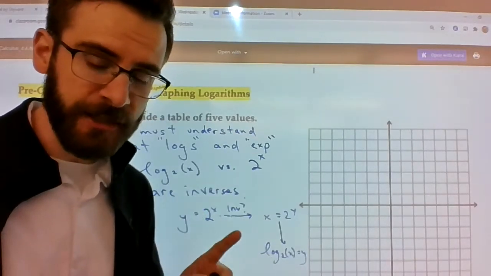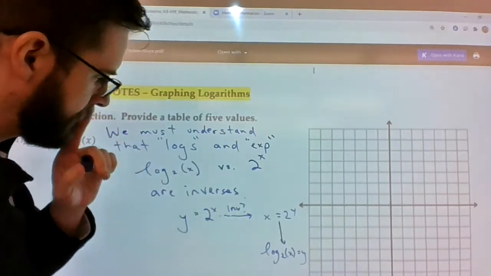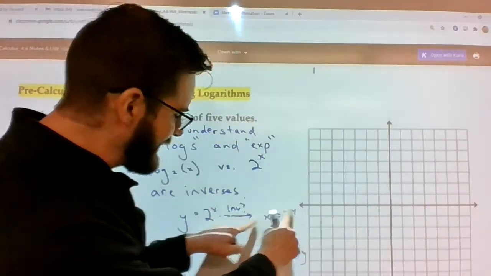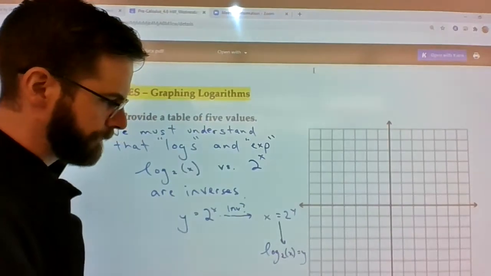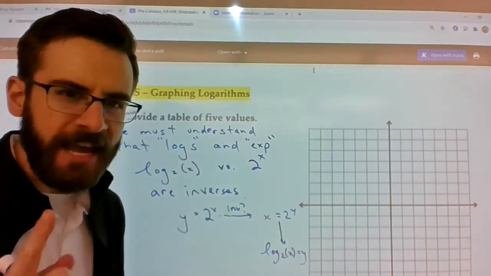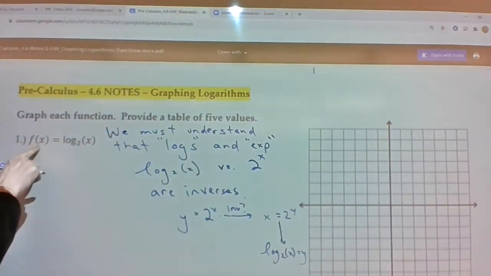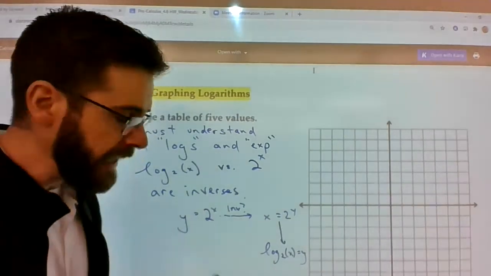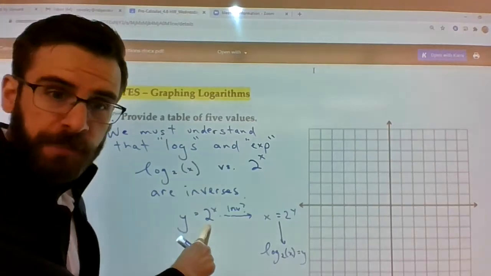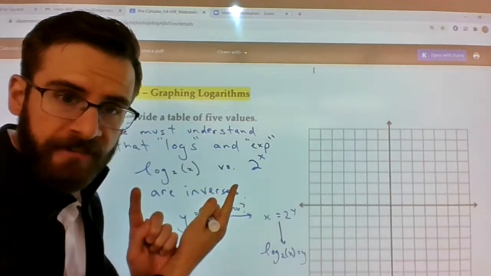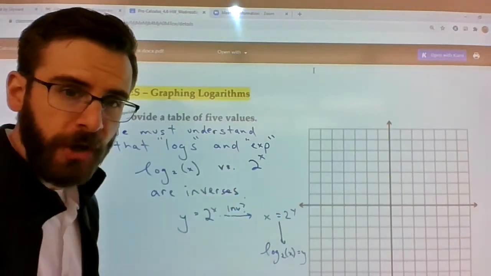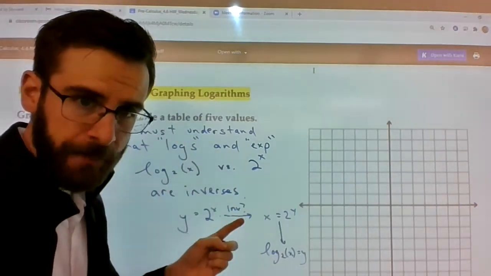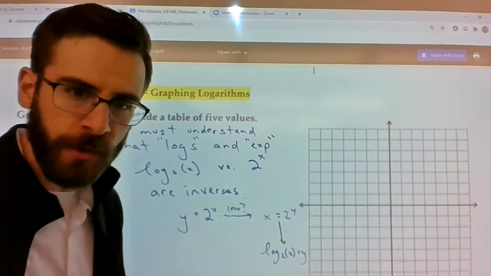My intention is for you to understand that inverses swap out the x's and the y's. So if I want to graph log base 2 of x, all I got to do is graph 2 to the x power and then flip the x and the y values. So I'll show you how you can do graphing in this context of just the swapping, and we'll see where that takes us, okay?